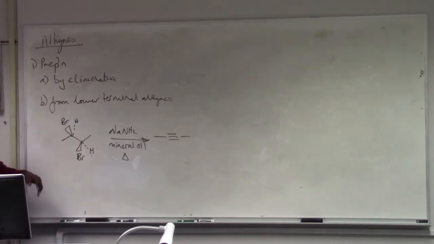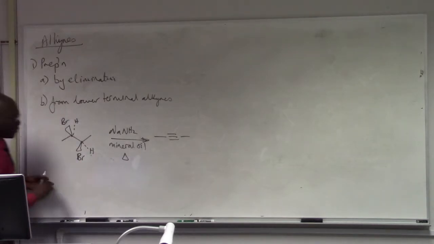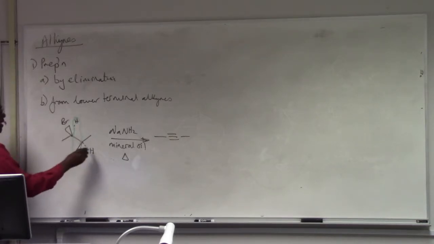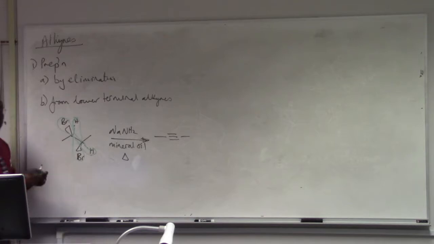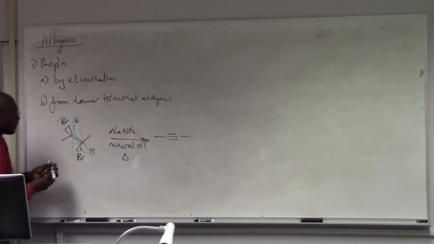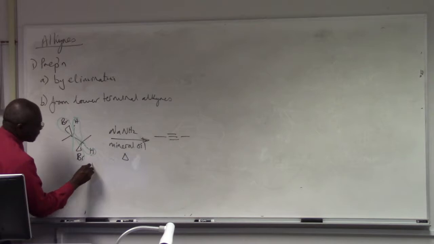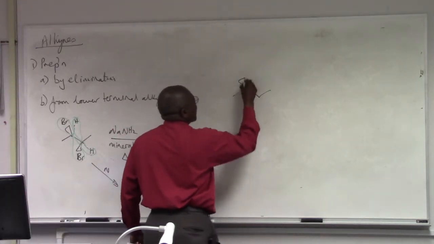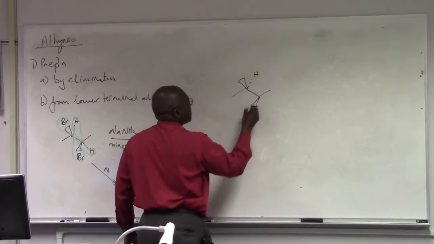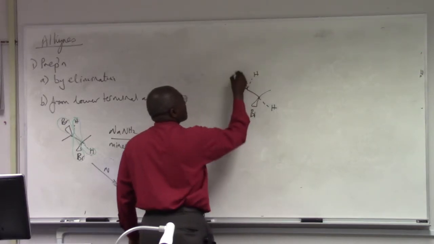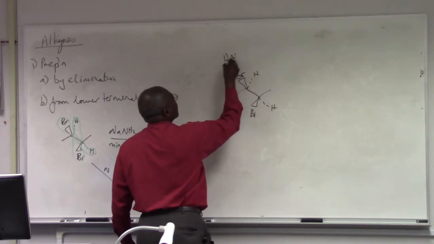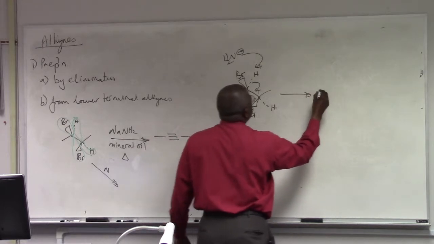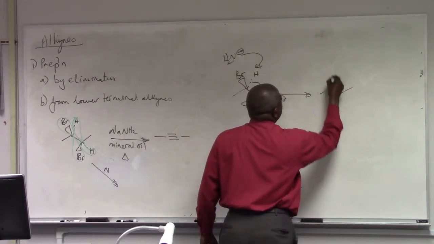So essentially what happens is I'm going to lose HBr, I'm going to lose pairs of them. So I'm going to lose HBr and then HBr. I'll do 2 E2 reactions. So the first NH2 minus would do this, kick out HBr and generate the corresponding bromoalkene.